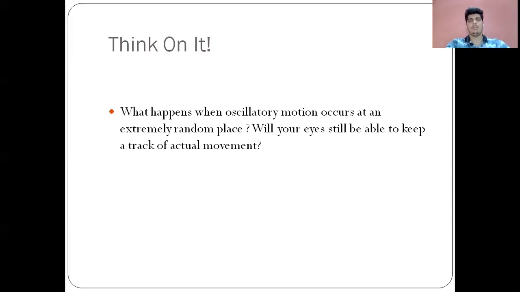If our mind recognizes that movement, then it may also track the actual movement, but it's not necessary that everybody catches it, or that our eyes catch it at every instance. It's completely relative. So that's it, it's random.